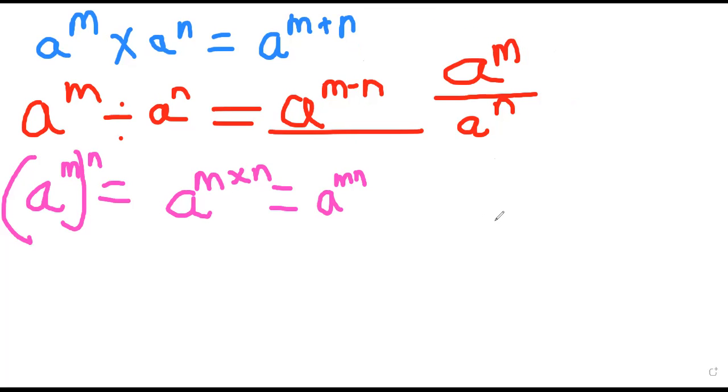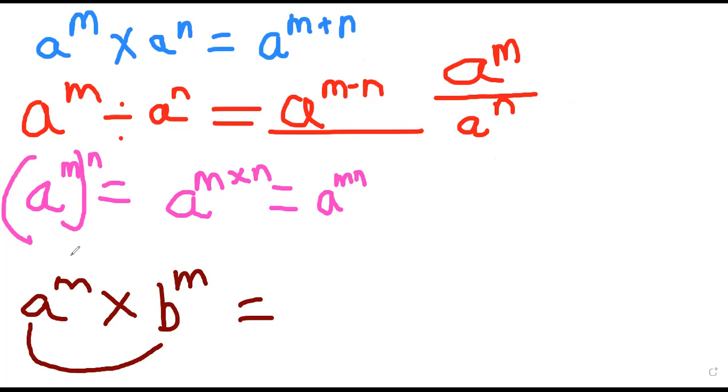The next law is a to the power n into, sorry, b to the power m. Now you must be thinking what law we will apply. The law is that we will multiply the base, and the exponent will remain the same.